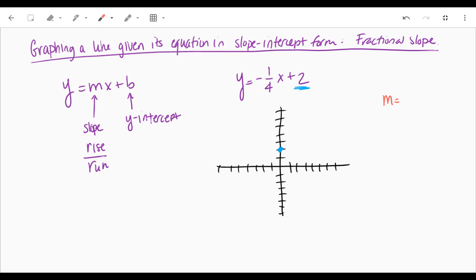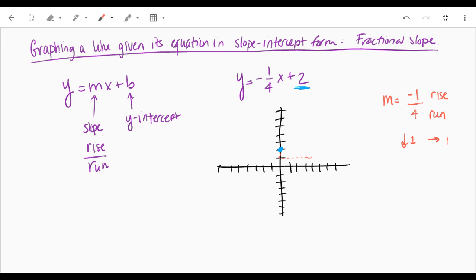So we're going to put that negative 1 over 4. You got to pick a number for the negative to go with. Okay, so from that point, I'm going to rise negative 1, which means go down 1, and run 4, which means right 4. So I'm going to go down 1, I'm going to go right 4.